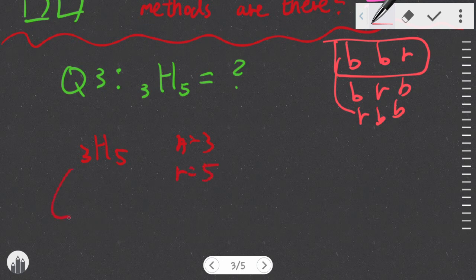So this would become 3 plus 5 minus 1, C 5, which equals 7C5. That equals 7 factorial over 2 factorial times 5 factorial, which becomes 7 times 6 over 2, which equals 21.